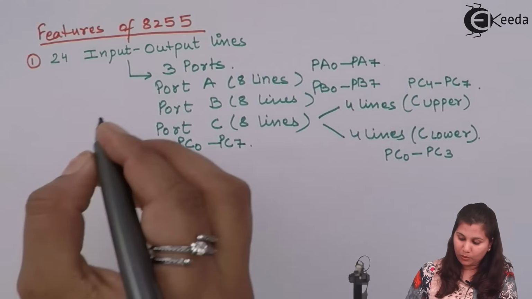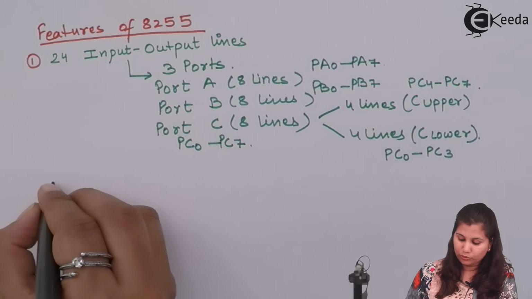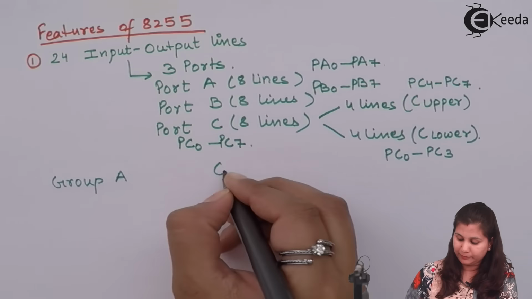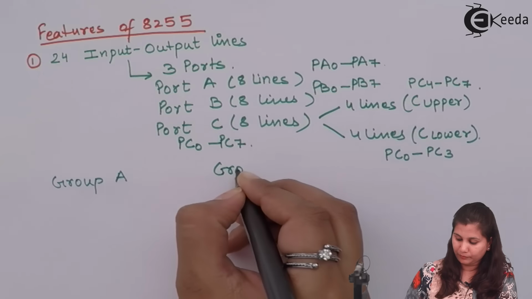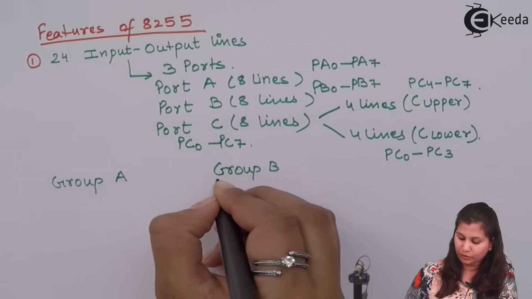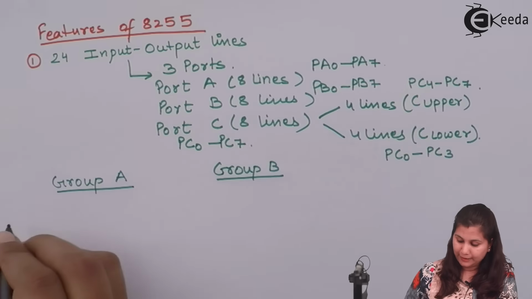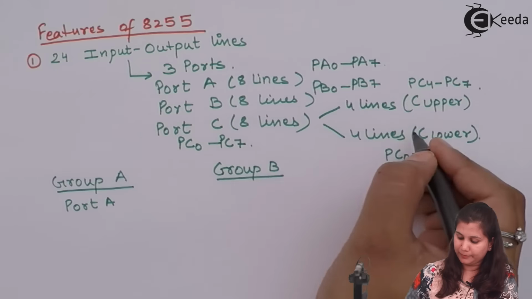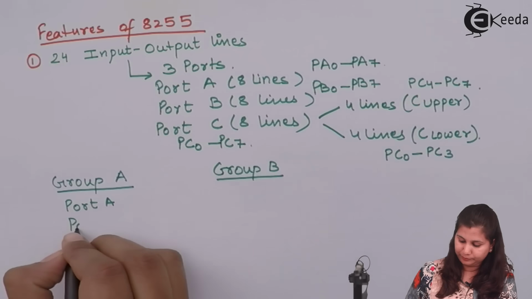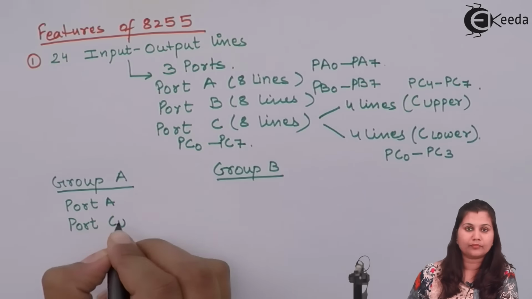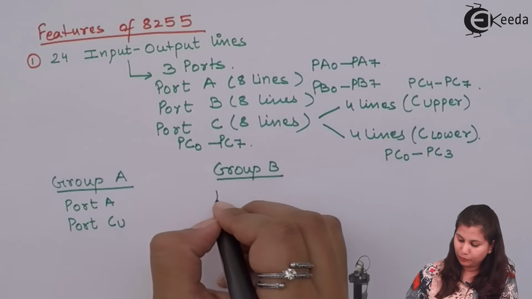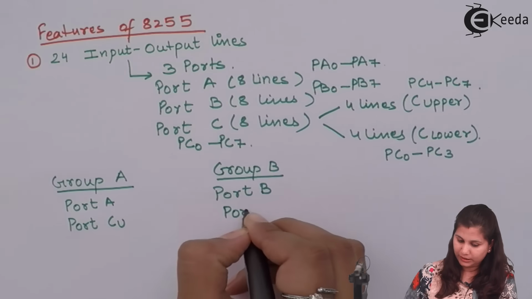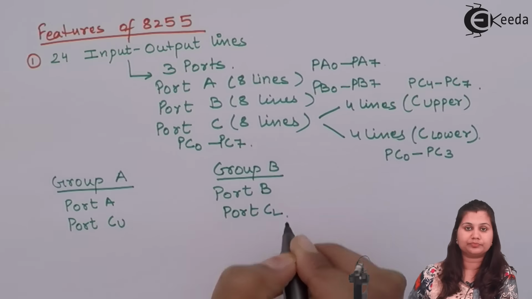Now these ports, they are grouped into 2, group A and group B. Group A has port A and C upper, and group B has port B and port C lower.